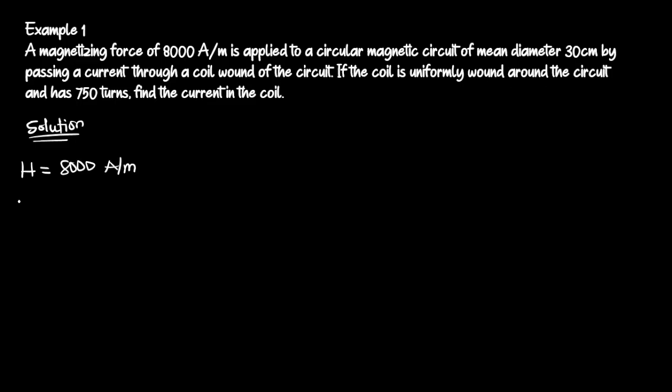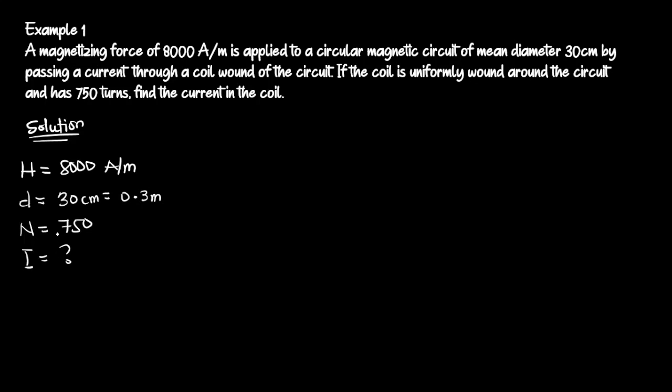So the diameter is 30 centimeters, which if I convert to meters will become 0.3 meters, by passing a current through the circuit. If the coil is uniformly wound around the circuit and has, so my capital N, the number of turns, is 750, I am to find the current I, which I do not know.